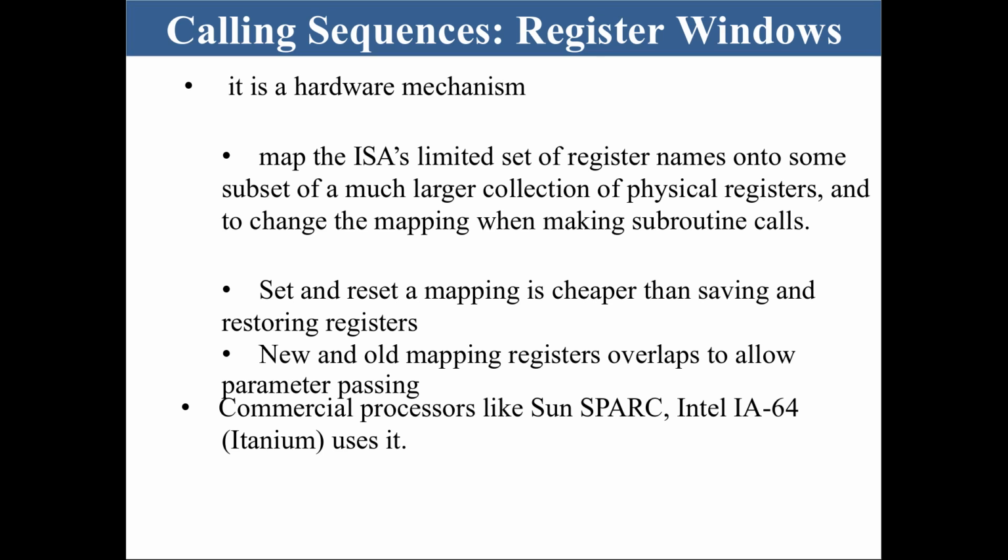Setting and resetting a mapping is cheaper than saving and restoring registers. Also, the new and old mappings overlap to allow parameter passing. Commercial processors like Sun SPARC and Intel IA64, that is Itanium, use register windows.